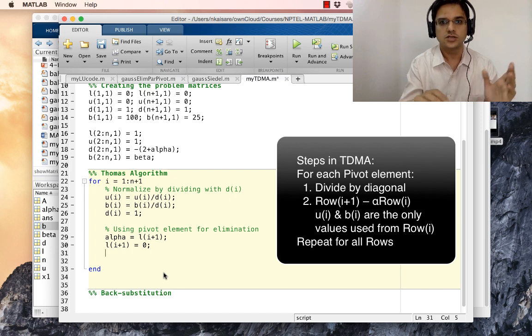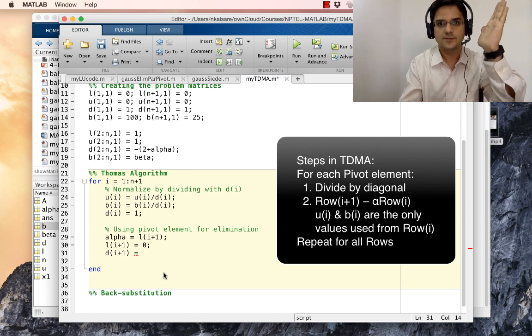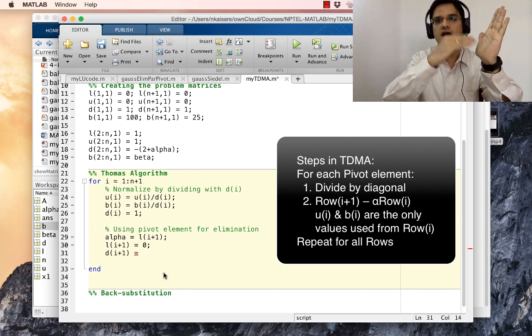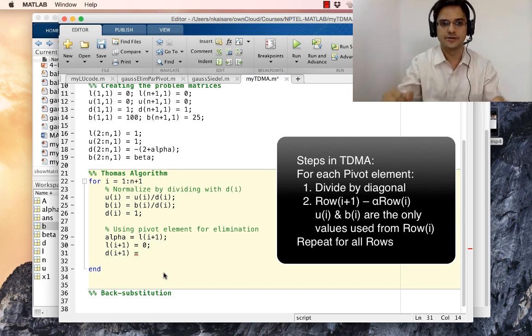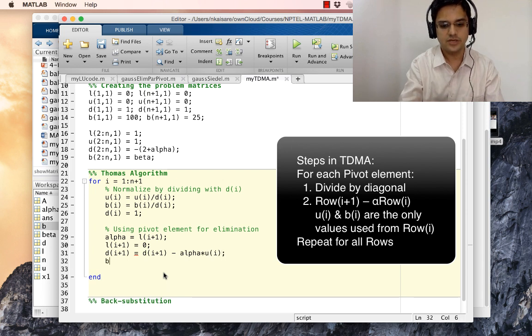Okay, now the di plus 1 is also going to change. And the di plus 1 is going to change because di plus 1 is going to be di plus 1 minus alpha multiplied by ui. Okay, and the same thing with b also.